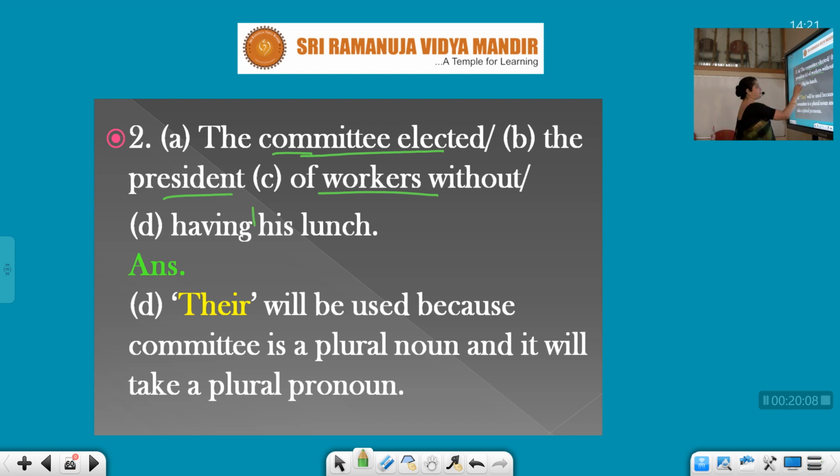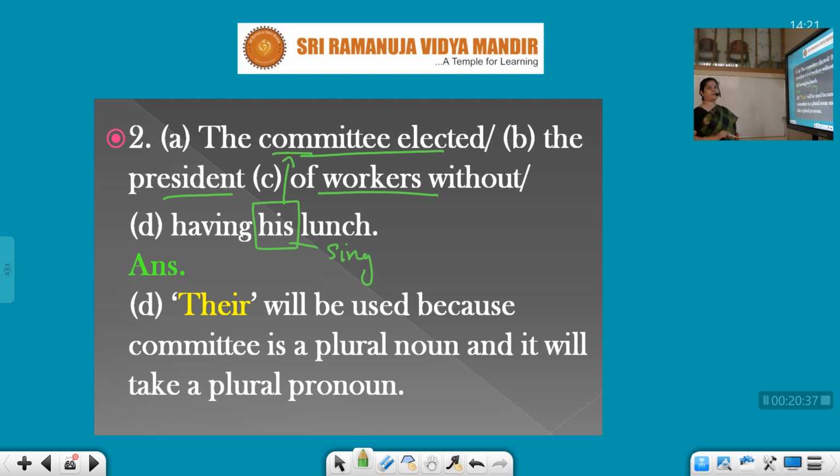Now, the error is the pronoun. The pronoun is given in the singular. And what is this pronoun for? For which noun? What is the meaning of a pronoun? A pronoun replaces a noun. So which noun is it replacing? It is replacing the committee.